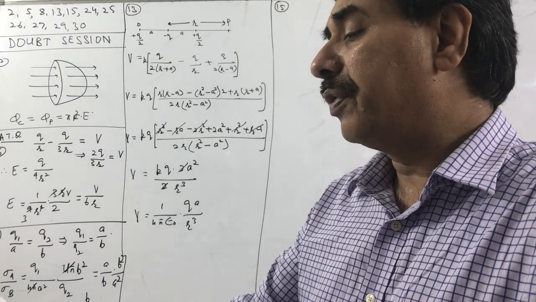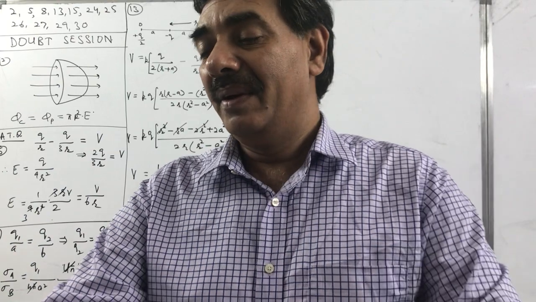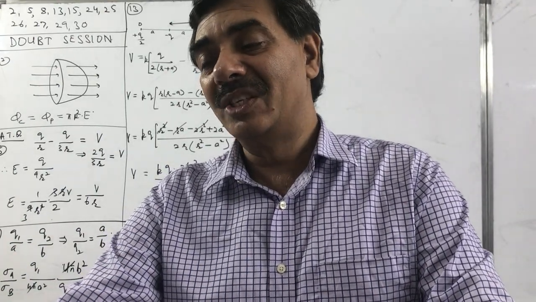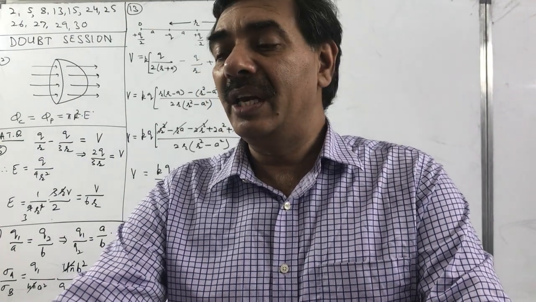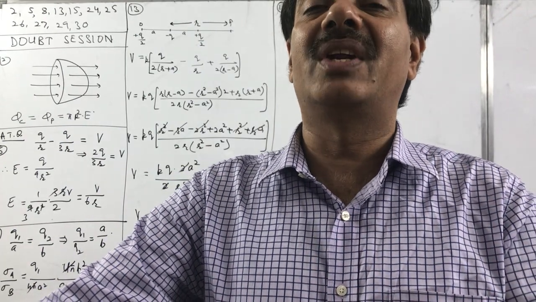The value of the negative of the line integral of the electric field between infinity and O, O being the center of the ring. Basically, he is asking us to determine the electric potential at the center of the ring.